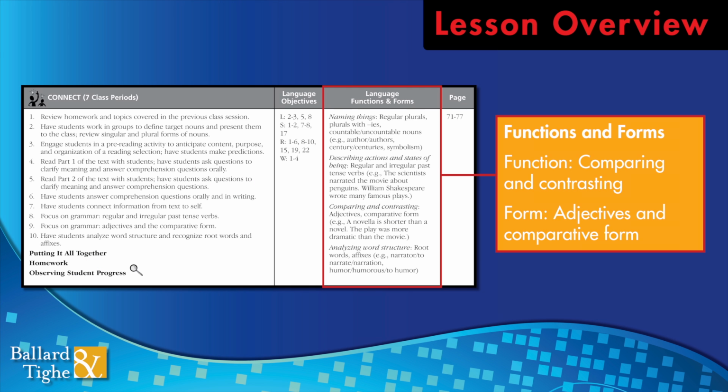In the lesson overview chart, you will also see specific functions and forms addressed in each part of the lesson. What are functions and forms? The function is the action, such as comparing and contrasting, and the form is the type of language used. For example, when comparing and contrasting, we often use adjectives and the comparative form.